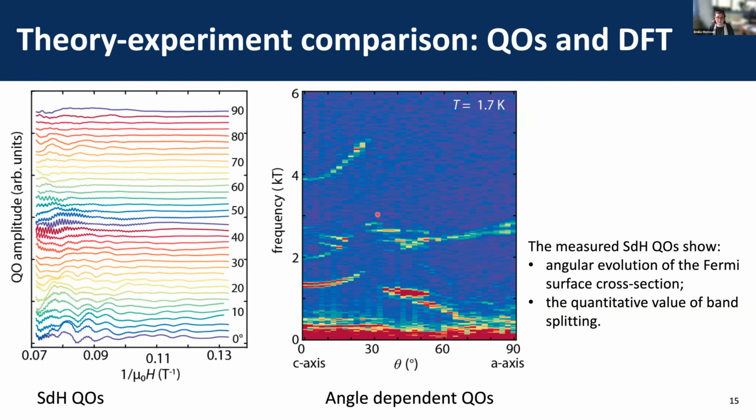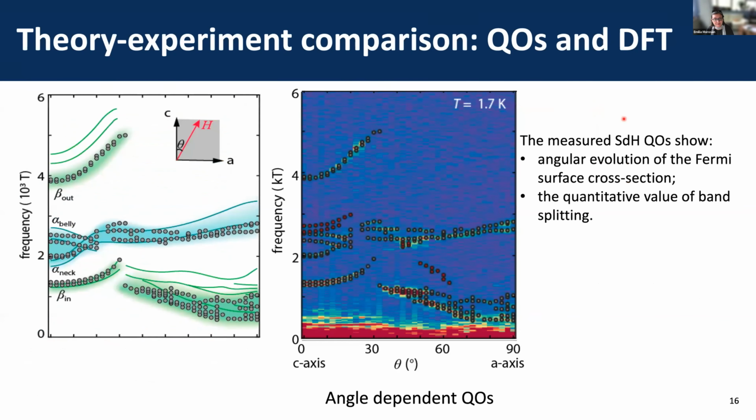And this is the frequency versus angle phase diagram, which showed the evolution of the bands as a function of angle, or of the Fermi surface cross section. I should have shown how the field is applied. So the field is applied in the AC plane, and remember that the magnetization is saturated along the C direction in this schematic.